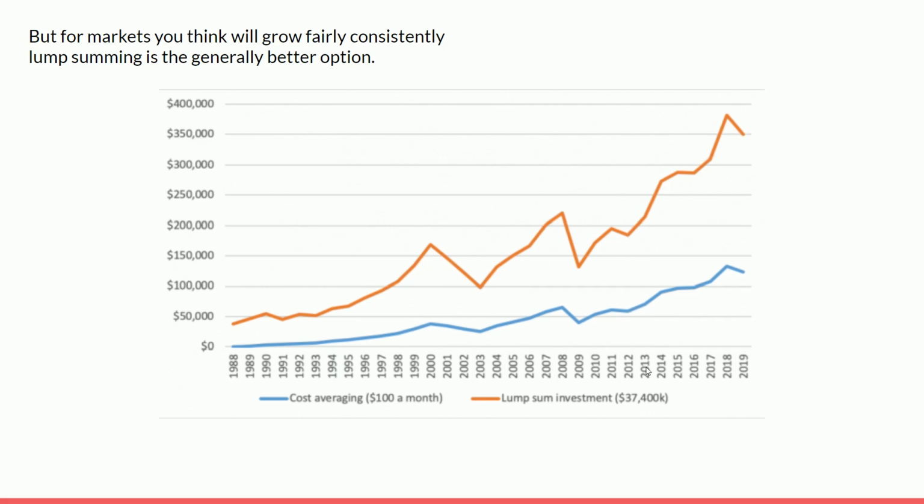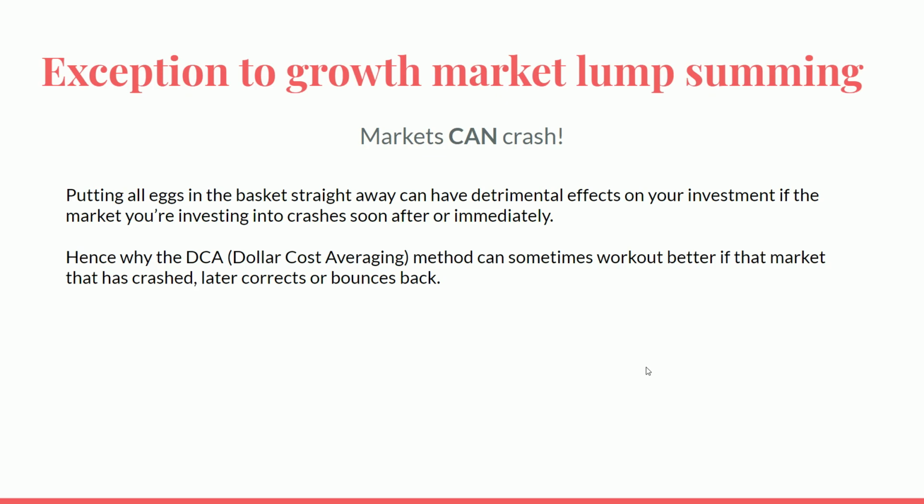Whereas if you did a lump sum, even throughout the volatile market in this scenario, you'd be much, much better off. And an exception to lump summing in a market which you know is going to grow: you've got to understand that the market could crash immediately or soon after that lump sum, and that can cause you to panic if you get emotional. So putting all your eggs in one basket straight away can be a very negative way to do it.